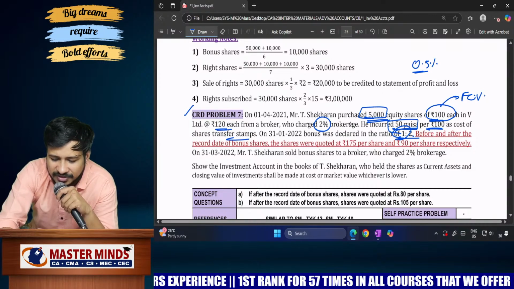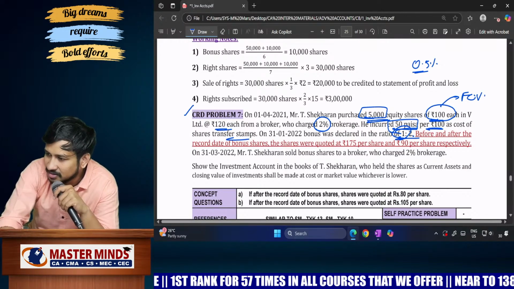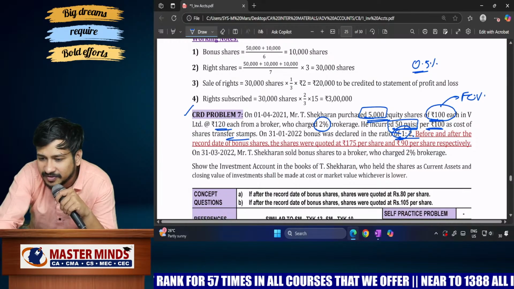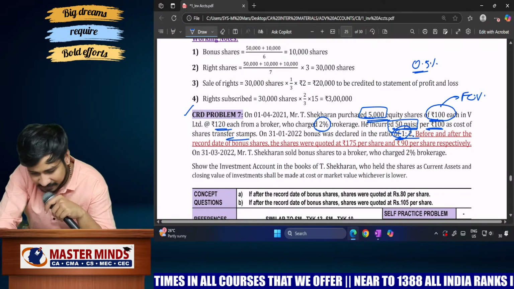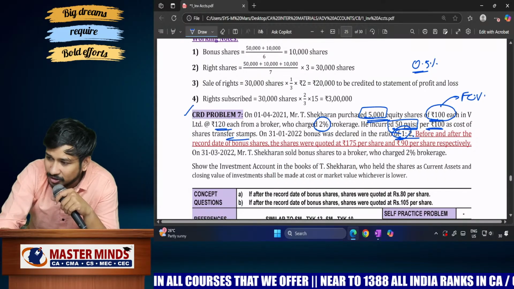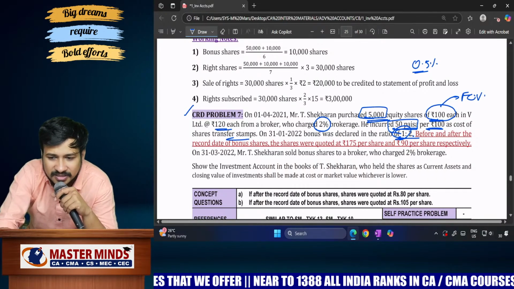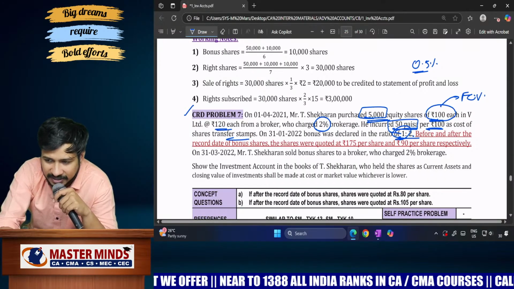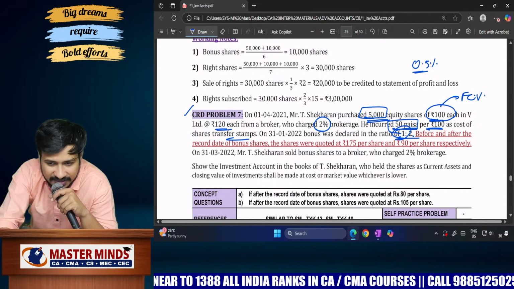So in total 5,000 into 1/2, you are going to get 2,500. Now 2,500 has to be recorded or posted. Only posting, there is no recognition, no measurement. It will be posted in the number column. Be careful, bonus shares will be posted only in the number column. Don't forget. Next.